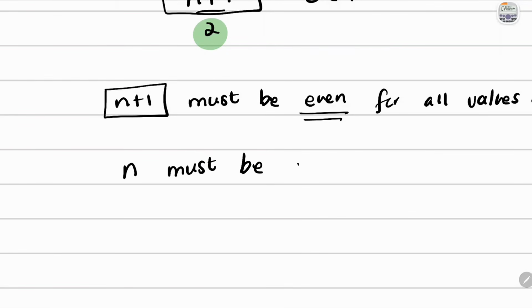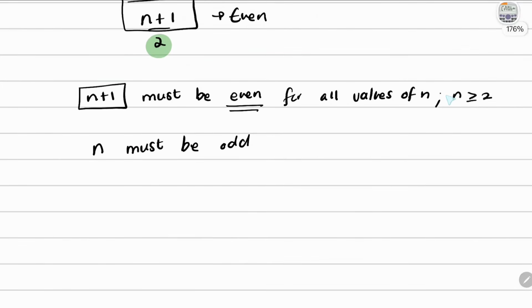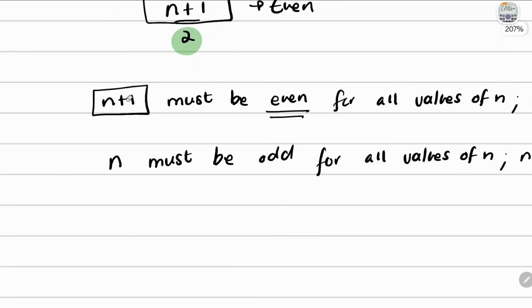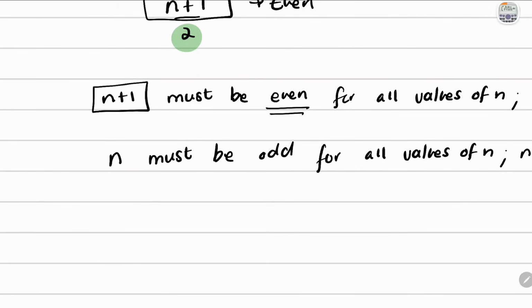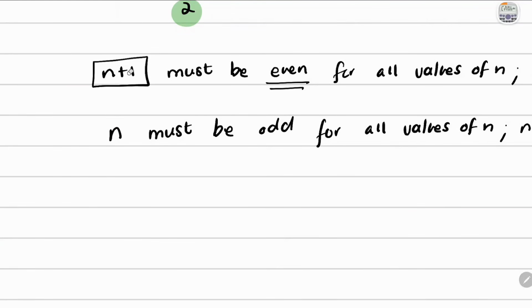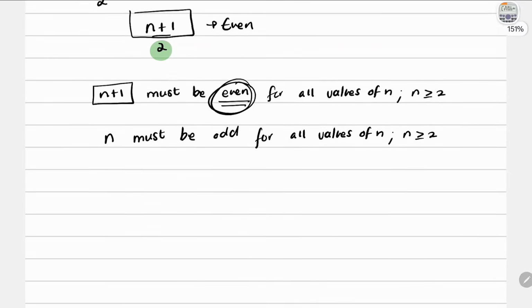N must be odd for all values of n, so it's really just the same thing, where n is greater than or equal to 2. Okay, so because if this is even, right, n is definitely odd, because odd number plus 1 gives you an even number. Okay, so that's actually what it should be.